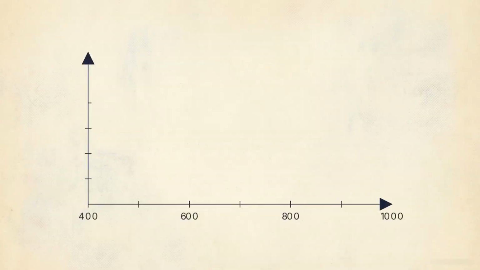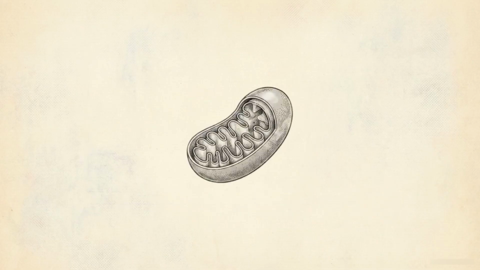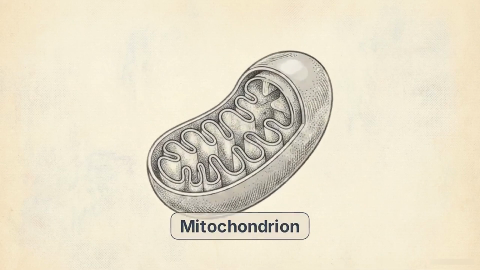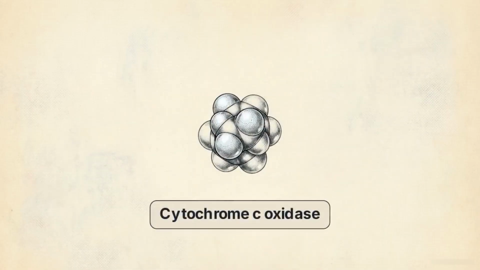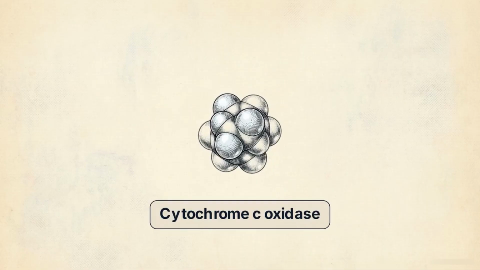The 630 and 850 nanometer wavelengths perfectly align with the absorption spectrum of specific chromophores, light-absorbing molecules, housed within human mitochondria. Inside the mitochondrion is the primary target for these photons, an enzyme called cytochrome C oxidase, a critical component of cellular respiration.